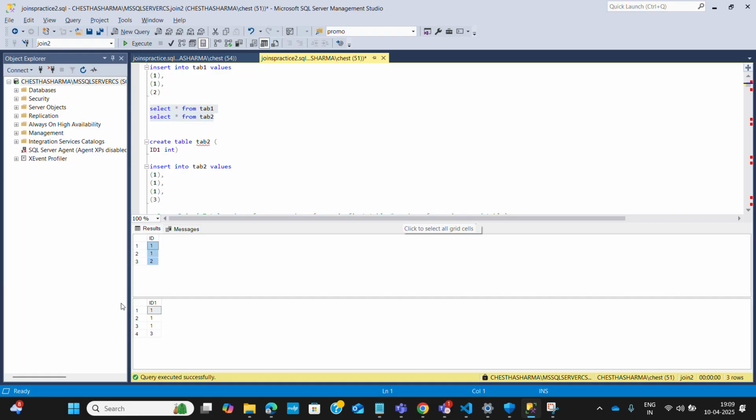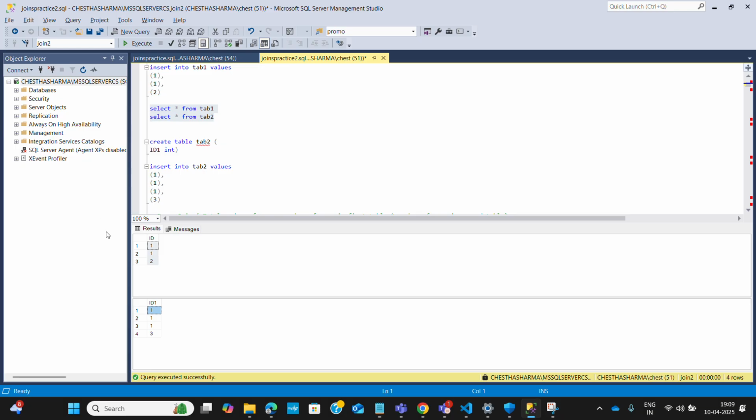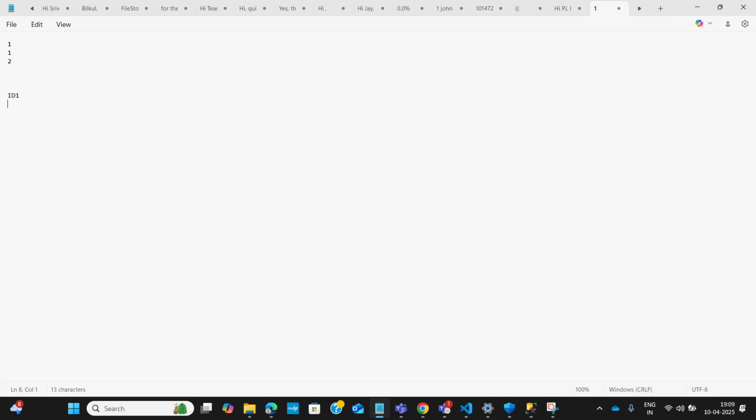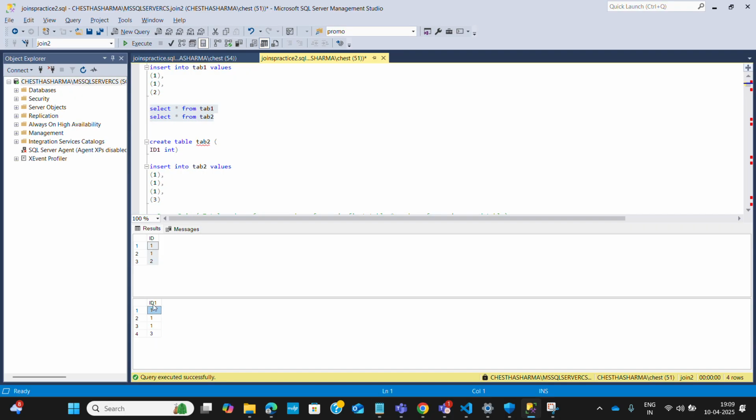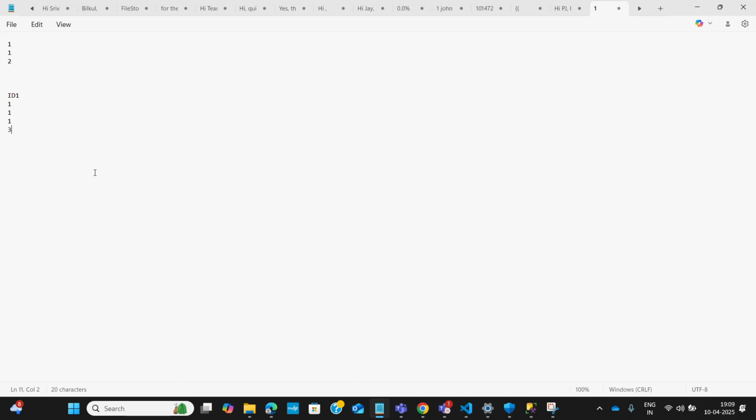Simply copy with headers and then paste it. I think my cursor is here, that's why there's a problem. Yeah, copy with headers and then you can just paste it here.